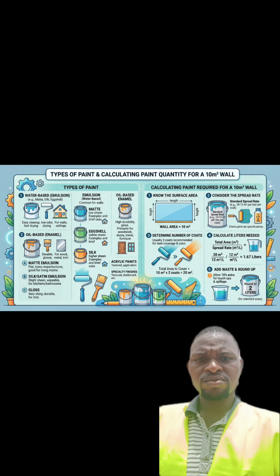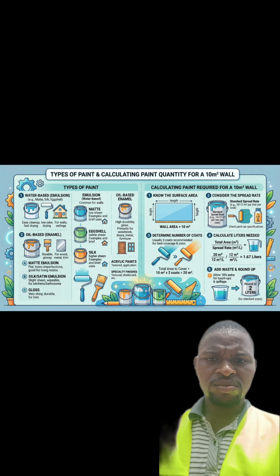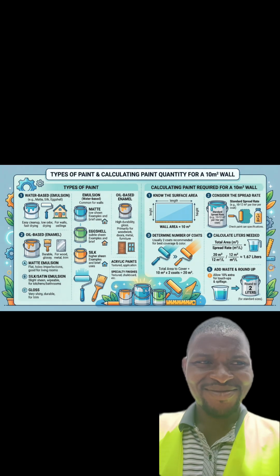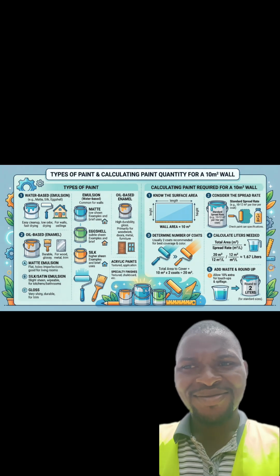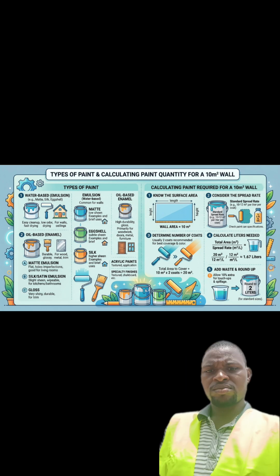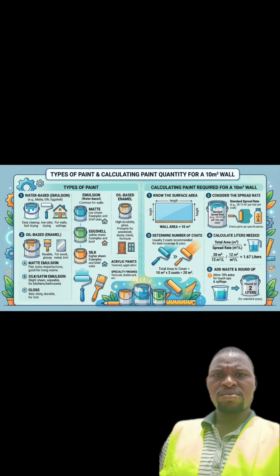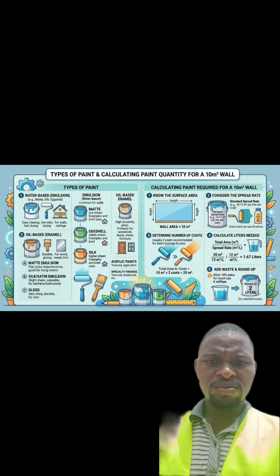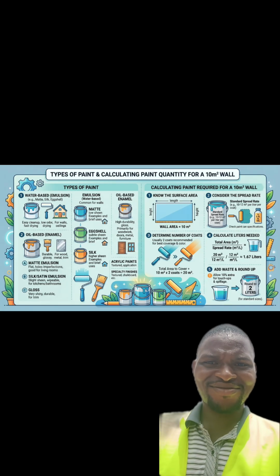Here the total area to cover is 20 square meters, and the spread rate is going to be 12 square meters per liter. Then your buffer is going to give you 1.67 liters multiplied by 0.1. When you sum that together, you're going to have the total volume needed to be 1.837 liters, right?